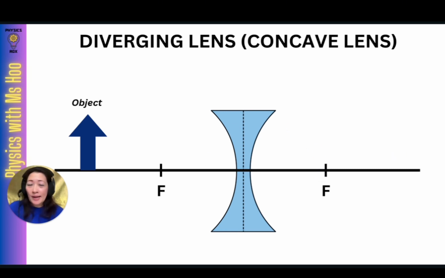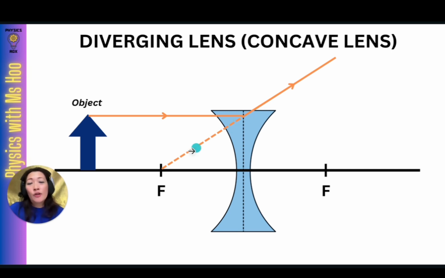To draw the ray diagram and to obtain the image, we're going to draw 2 ray paths, and remember, both of these ray paths need to start from the same point on the object, which is at the tip. The first ray path is parallel to the principal axis, and you draw it up to the center of the lens. Any light ray that travels parallel to the principal axis will diverge away from the focus point for a diverging lens or concave lens.